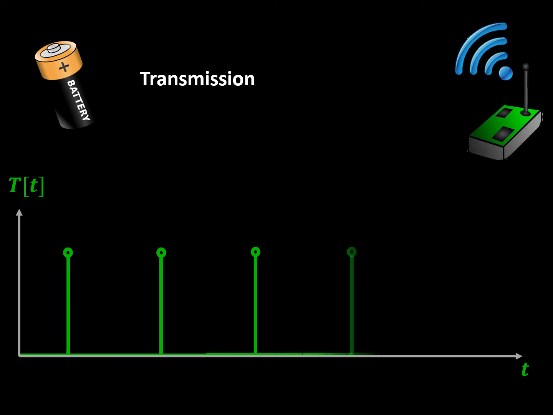So whenever a data packet is transmitted, the transmission term takes on a positive value only at that time instant. And as we will see, this will result in a sudden discharge of the battery. And when the transmission is done, this term goes back to being zero.